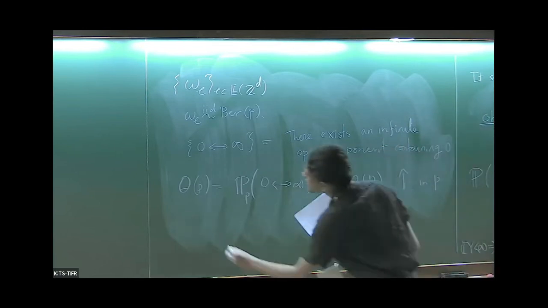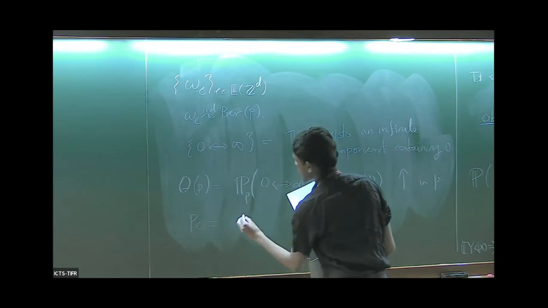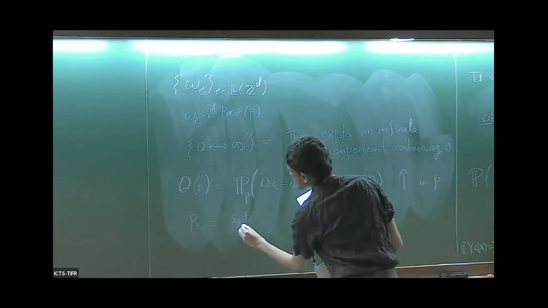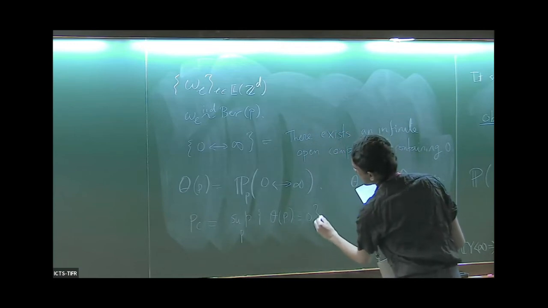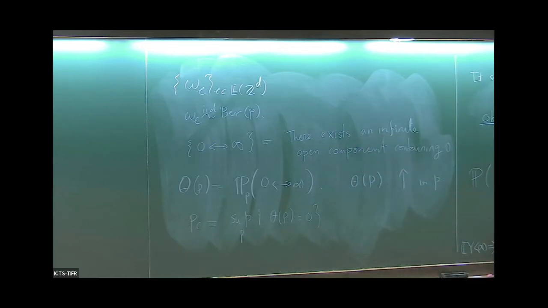So one defines, as you can see, for p equal to 0, theta p is 0, whereas for p equal to 1, theta p is 1. So we simply define the critical probability.